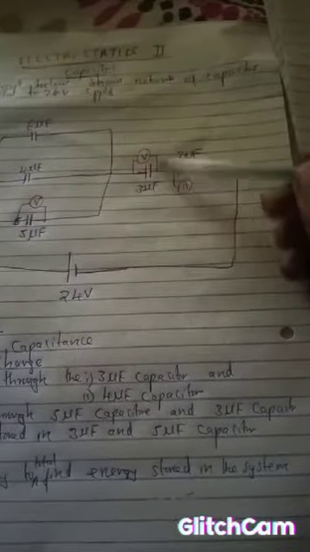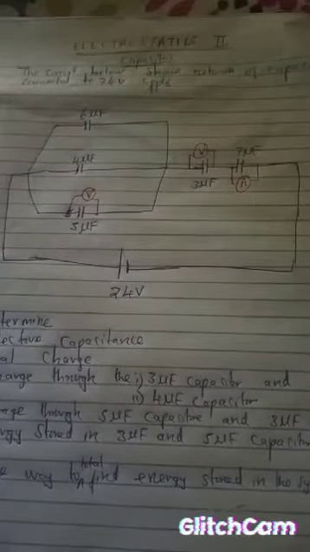Then our third question is to determine the charge through the 3 microfarad capacitor and then the 4 microfarad capacitor. Remember, the 3 microfarad capacitor is in series, while the 4 microfarad one is among the ones in parallel. How do you find the charge through the 3 microfarad capacitor?